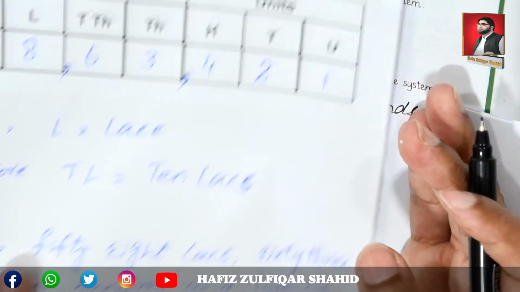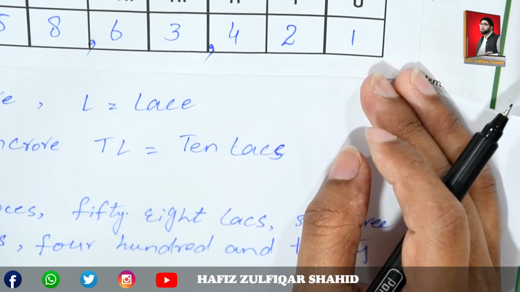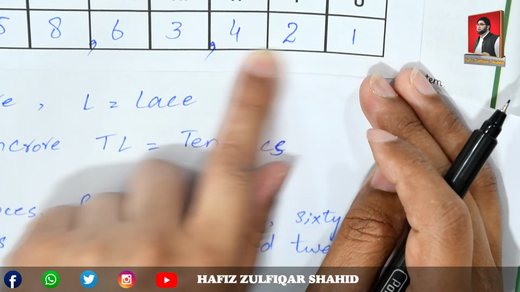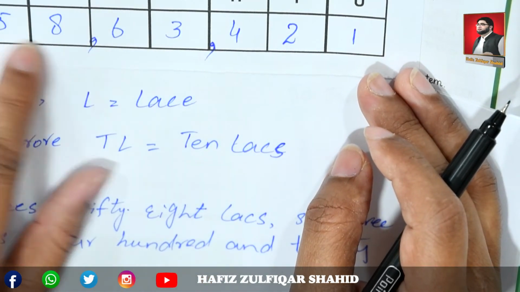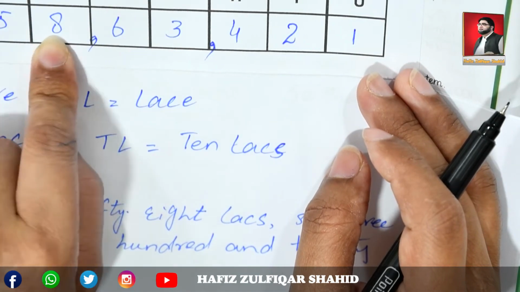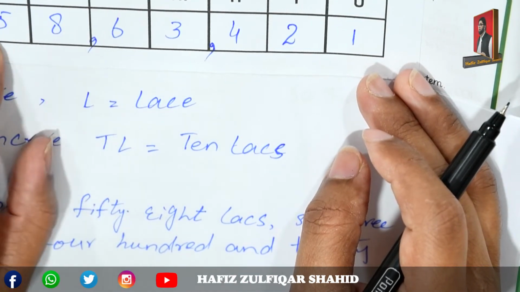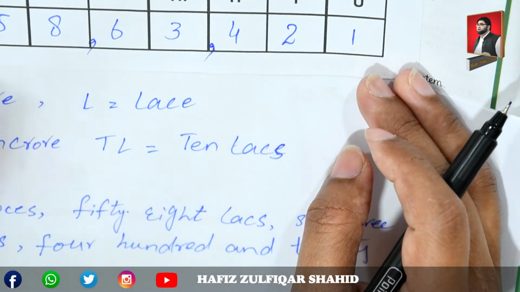See, according to the Pakistani place value chart, first 3 digits, then 2, then 2 digits, total 6 and 7.